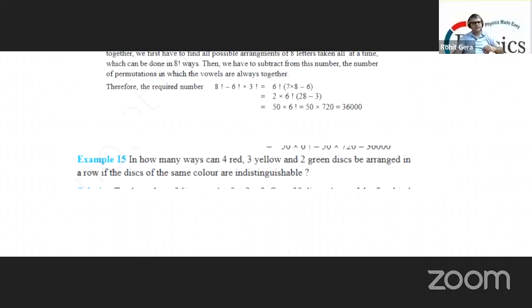So if you have to fill it up, for the first ball you have how many choices? 9, right? So overall you have 9 factorial as the total, and then for repetition we divide, right? Because these are like 2 O's, 3 H's, 2 I's.